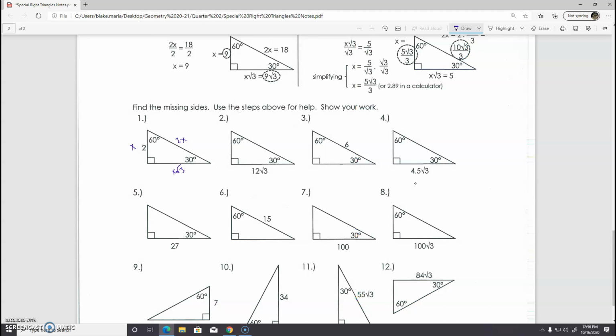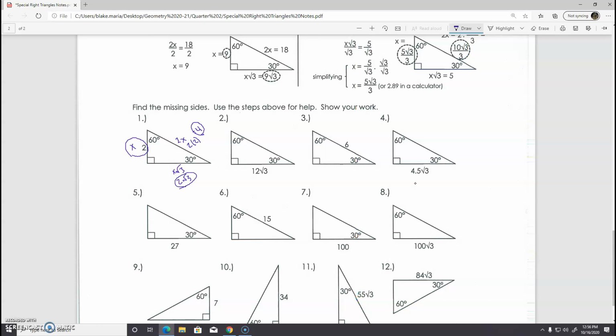So that's literally just marking the formula. And here, you notice they gave us x equals 2. So if x equals 2, 2x is 2 times 2, which is 4. So my hypotenuse is 4. x root 3 would be 2 root 3, and my long leg is 2 root 3.